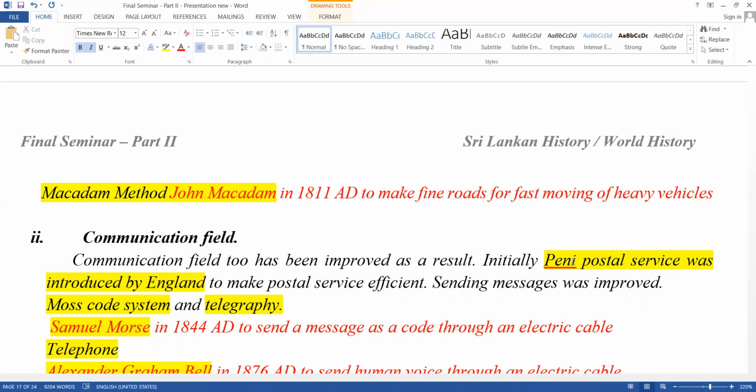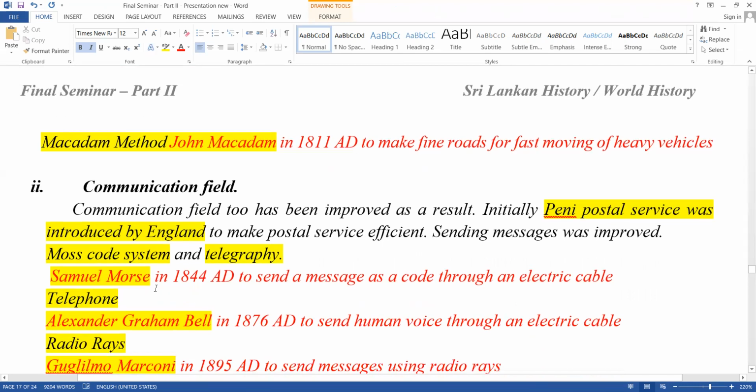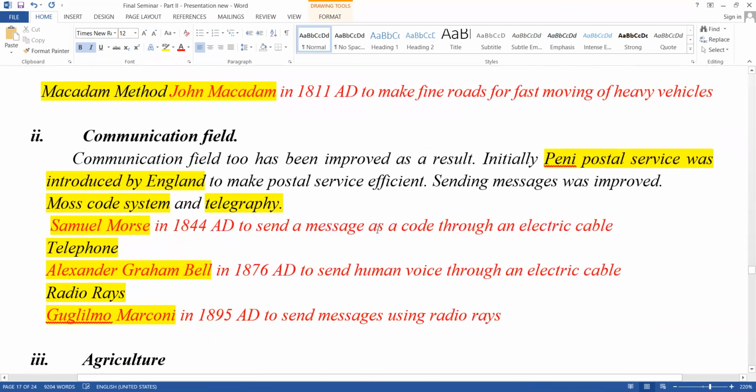This completed tube I'm sending, uploaded by tonight to the website, so you can get it from tomorrow morning. And Morse code system, telegraphy, introduced by Samuel Morse in 1844 to send messages as a code. Telephone, Alexander Graham Bell, radio waves, Guglielmo Marconi. So these are the contributions of those people for the development of the communication field.